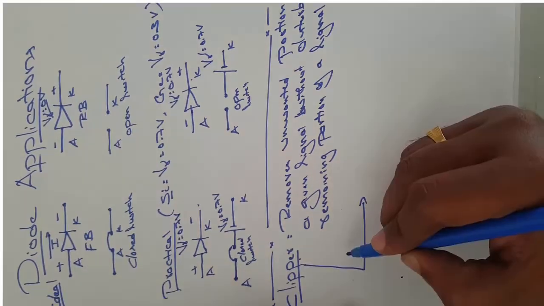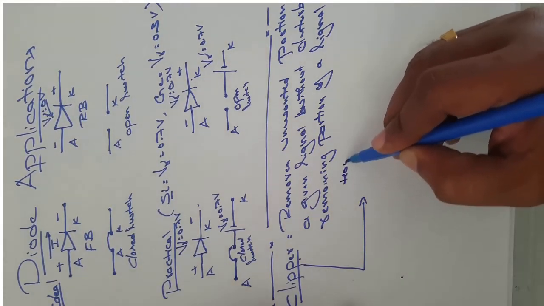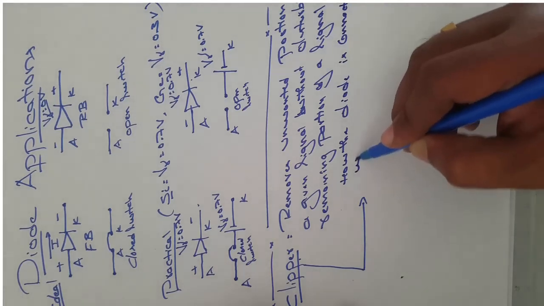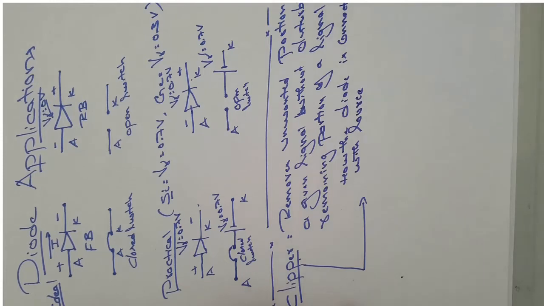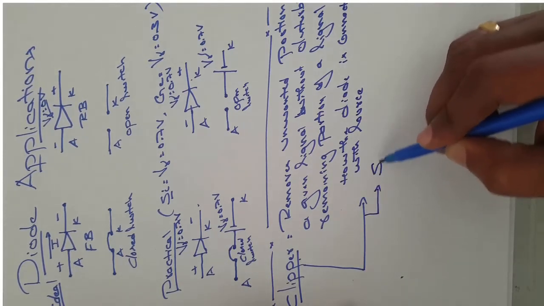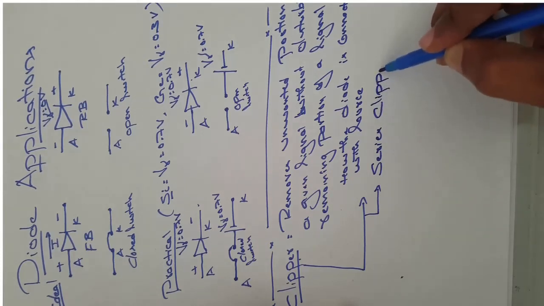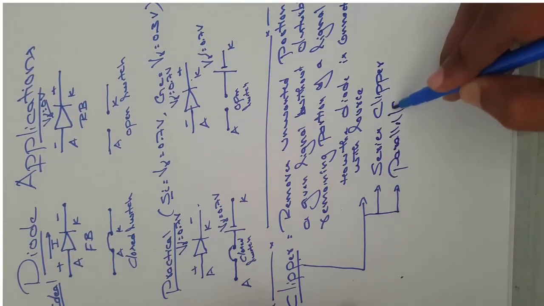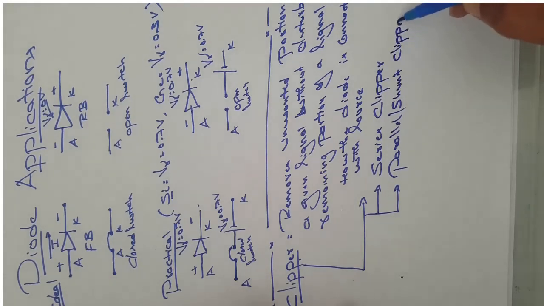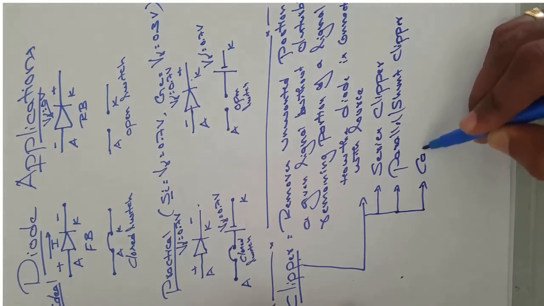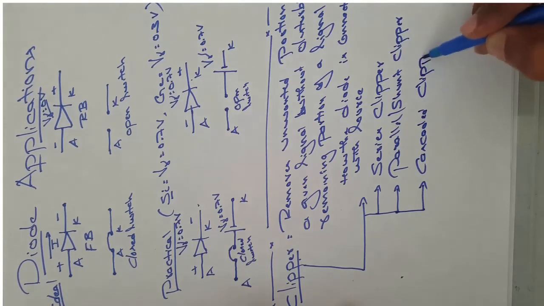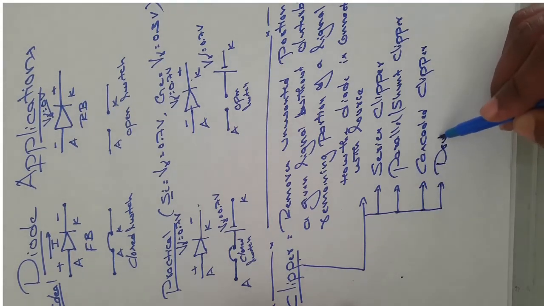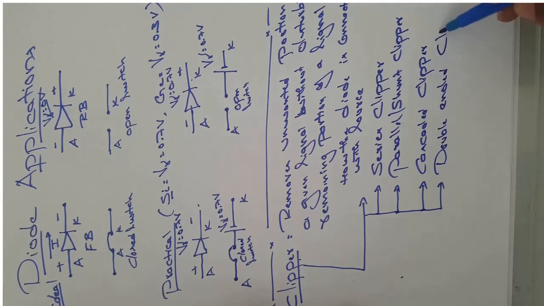There is some classification of clipper based on how the diode is connected with the source. So the first one is a series clipper, where the diode is connected in series, and the next is a parallel or shunt clipper, where the diode is connected in parallel with the source, and another one is a cascaded clipper, where the diodes are connected both in series and parallel, and of course we will also have a double-ended clipper.